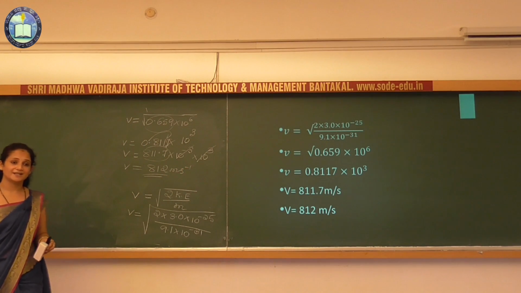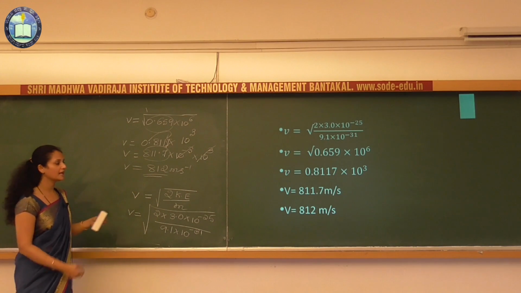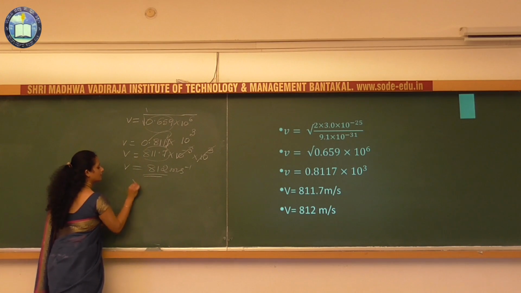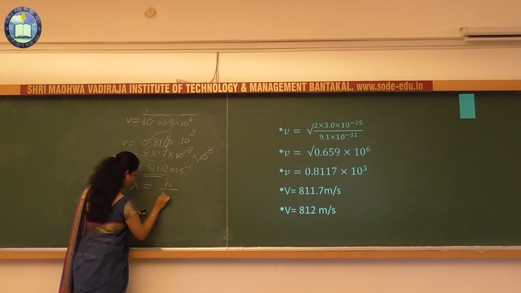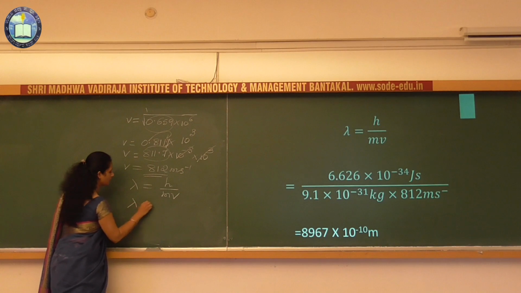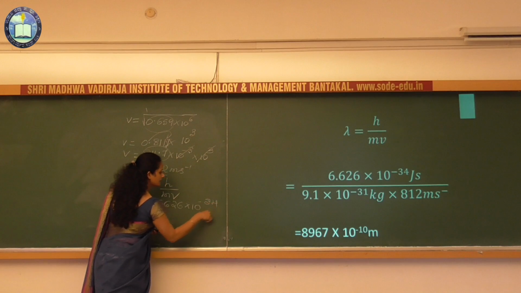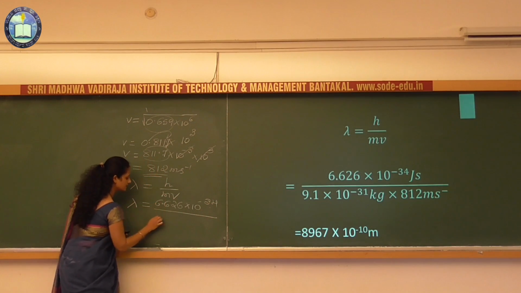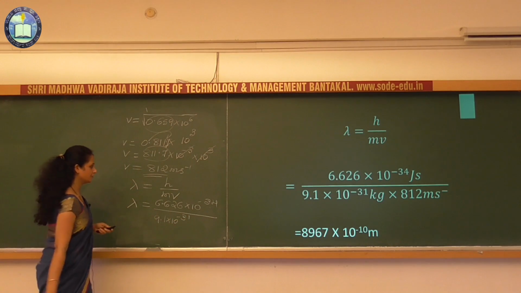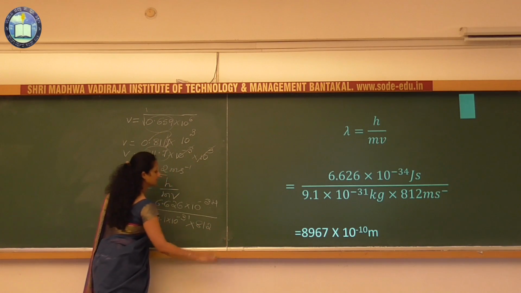So we have calculated just the velocity of the electron. Now we have to substitute this velocity in the lambda is equal to h by mv formula. Lambda we want to calculate: 6.626 into 10 to the power minus 34 divided by mass of the electron 9.1 into 10 to the power minus 31 kg into 812 meter per second.